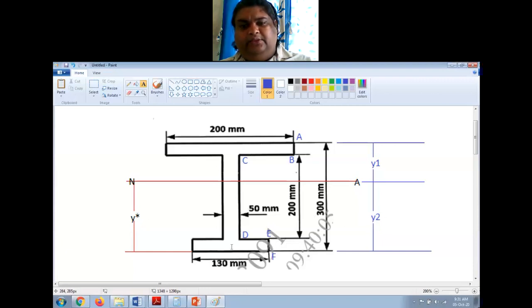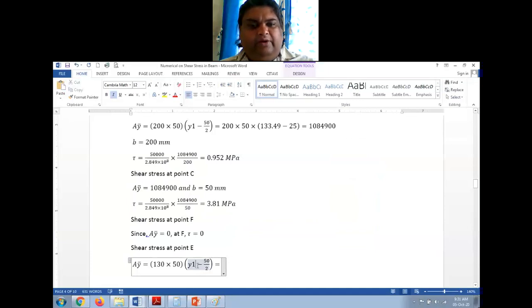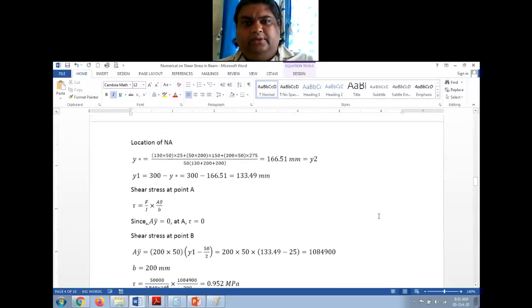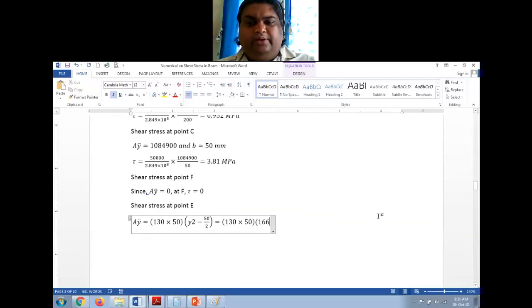So y2 minus 25 will be y bar, so this is y2 minus 50 by 2. Into y2 is 166.51, minus 25.